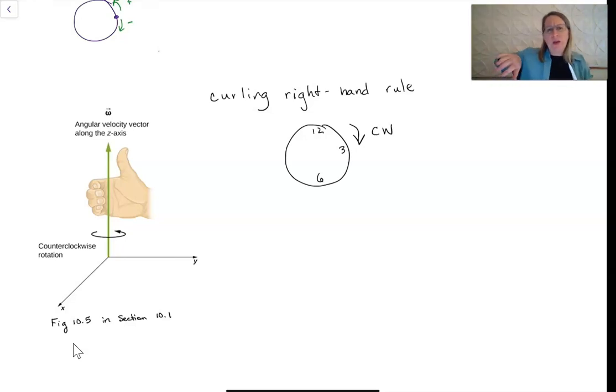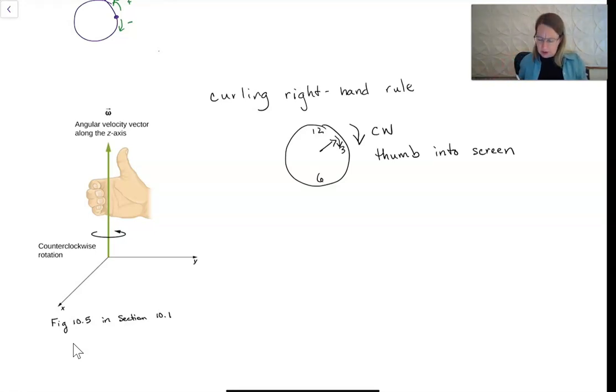If we use our right hand rule, then looking at the screen, you curl your fingers like you're pushing the hand in that direction, and then your thumb points in the direction, so this would be into the screen. So that's the direction.